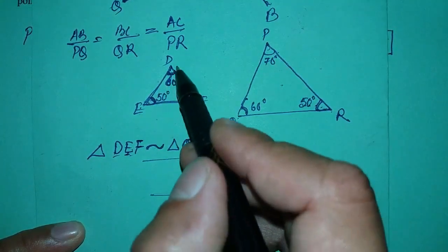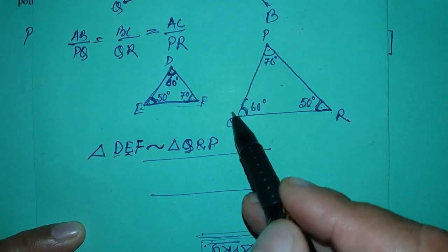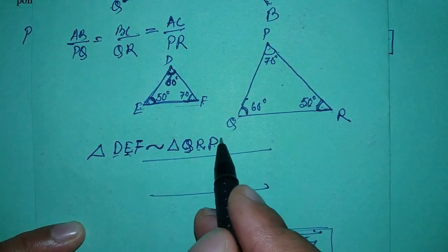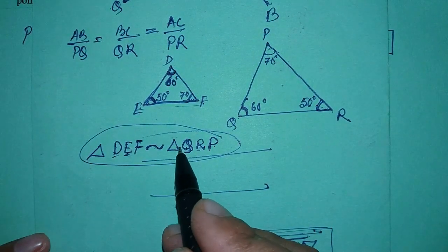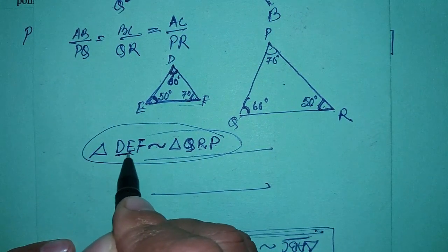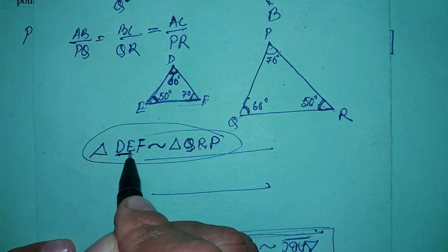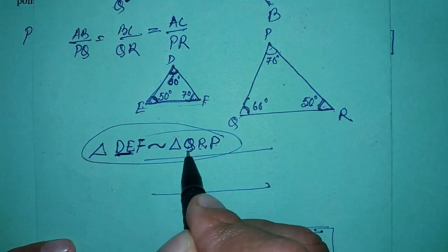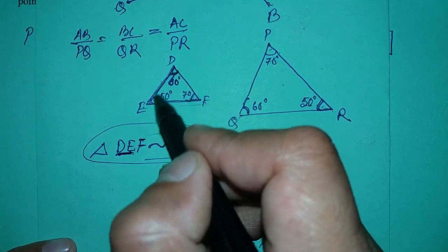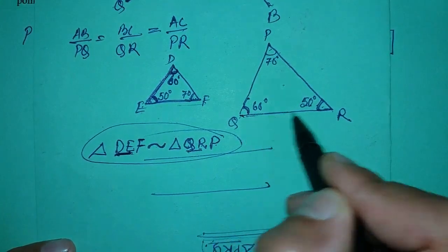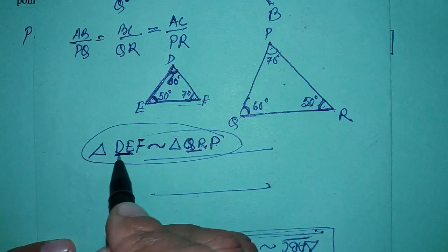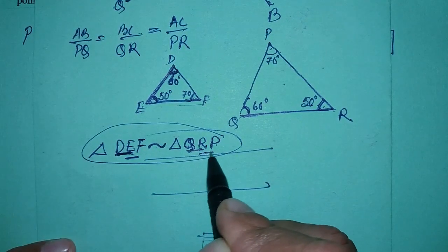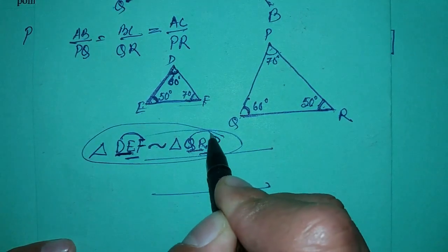You cannot simply say triangle DEF is similar to triangle PQR; if you say PQR, then your naming is already wrong. Once you name it correctly, you can read the corresponding sides just by looking at the names. The corresponding side of DE is QR, since DE touches 60 and 50, and QR touches 50 and 60. So the corresponding sides are DE to QR, EF to RP, and DF to QP.